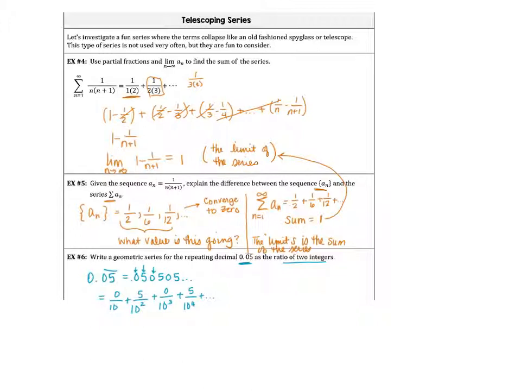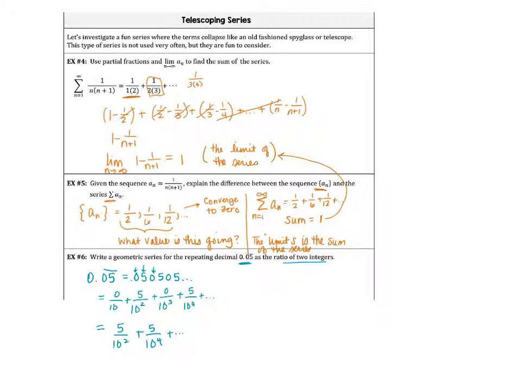this series can be just written as 5 over 10 squared plus 5 over 10 to the fourth, and so on. So what we can do with this now is, if we could find the sum, then that would probably give us our ratio of two integers.